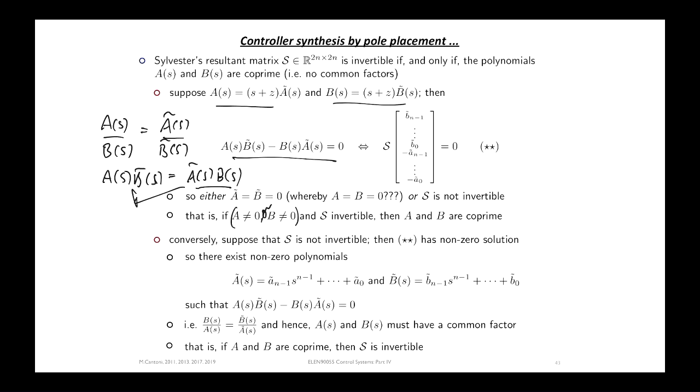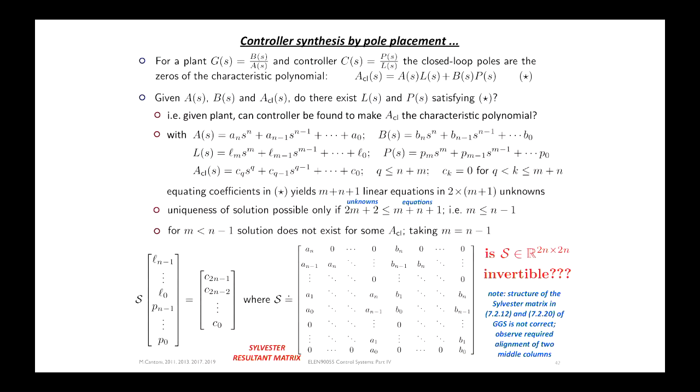So this looks like our characteristic polynomial equation, where we have B tilde instead of L, and we have A tilde instead of P, right? And we're saying that this expression is equal to 0. So it's like saying, well, that's equal to the polynomial with all coefficients being 0. Right? All of these guys being 0.